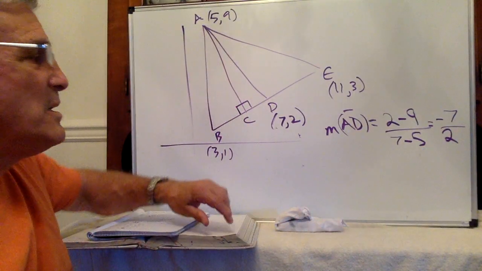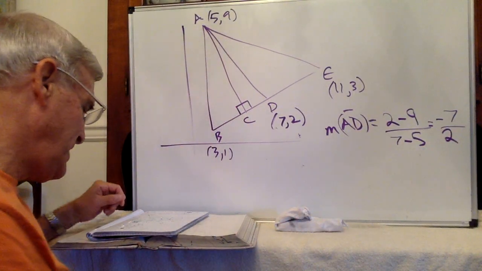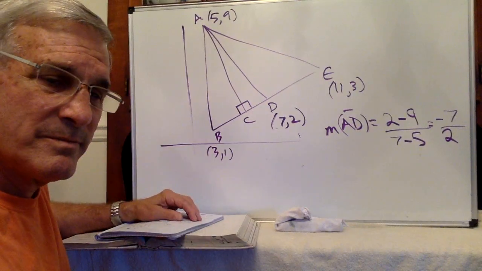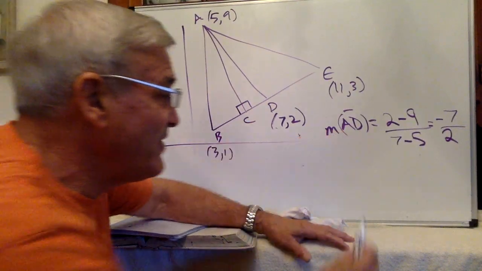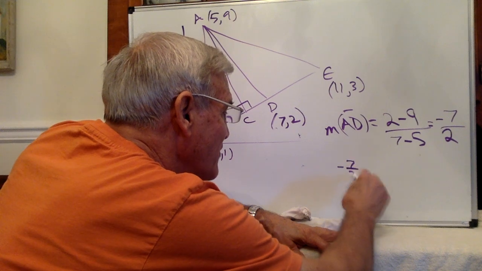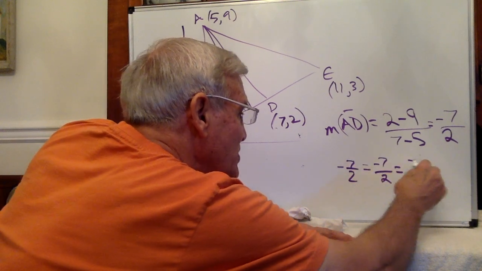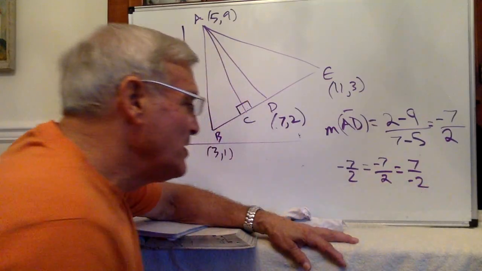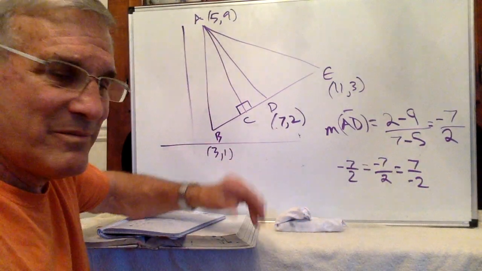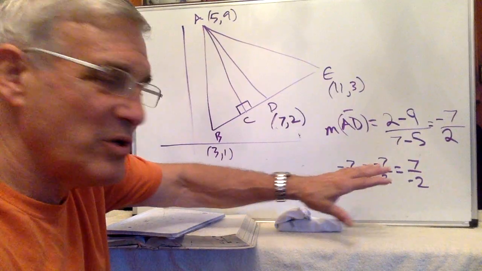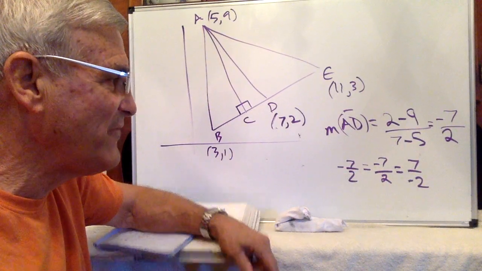The slope of AD is negative 7/2. And remember, negative 7/2 can be written negative 7 over 2, or minus 7 over positive 2, or 7 over negative 2, or you can make all three signs negative. I showed you that the other day. Doesn't matter which way you write it. They're all the same, negative 7/2.